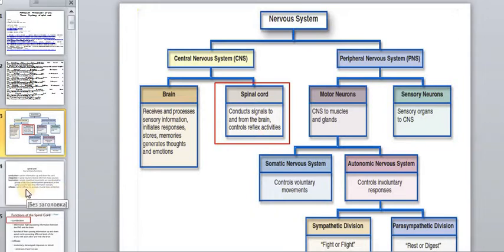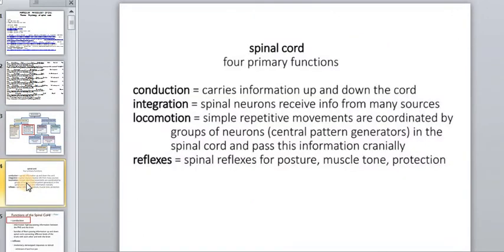There are several functions in the spinal cord: conductivity, integration, locomotion, reflexes. About conductivity we will talk almost all this practice, and next practice about reflexes.